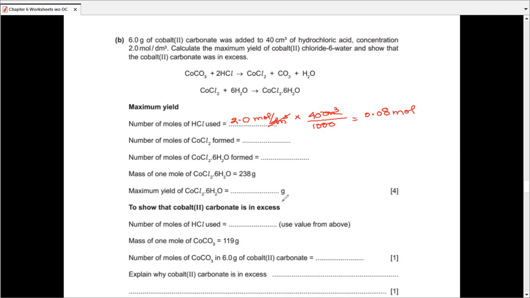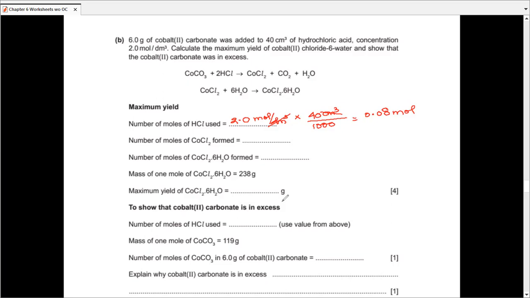Giving me 400 divided by 1,000 gives me 0.4. Why 400? It's supposed to be multiplied by 2, not by 10. So 40 is being multiplied by 2.0, not 20. Yes, sir, it's 0.08.